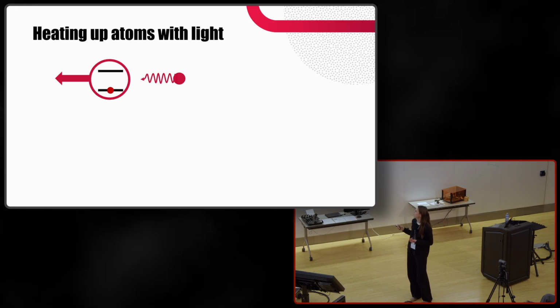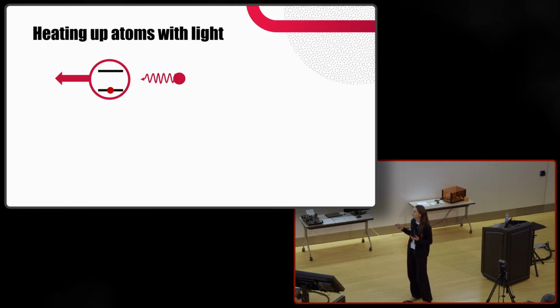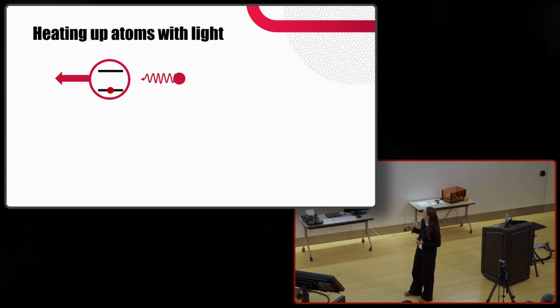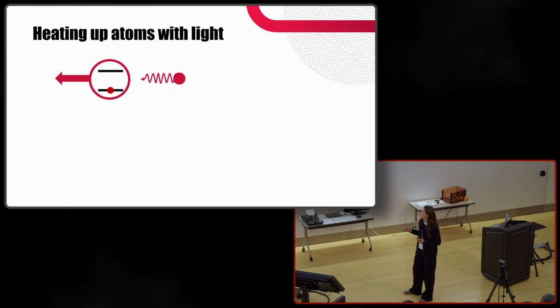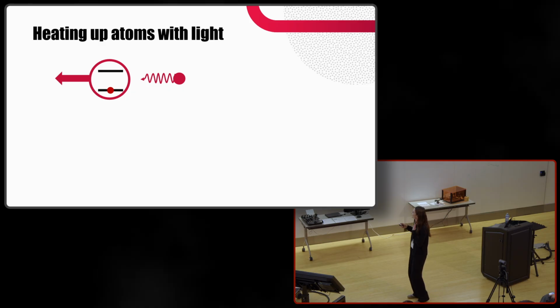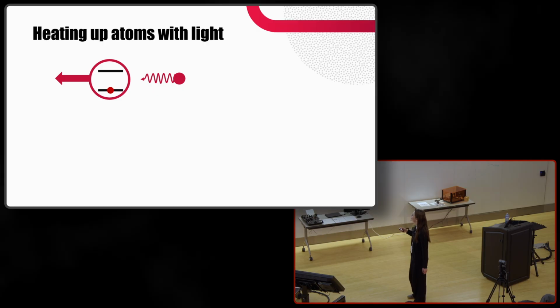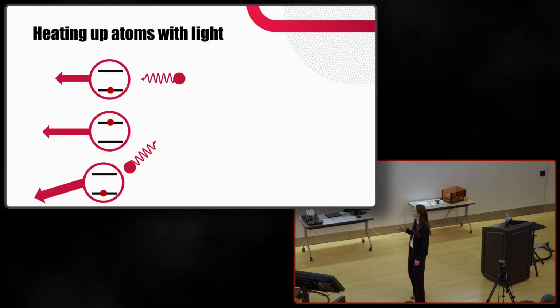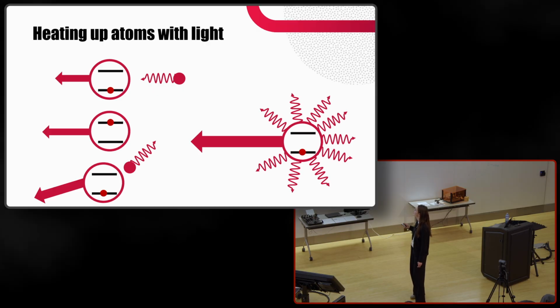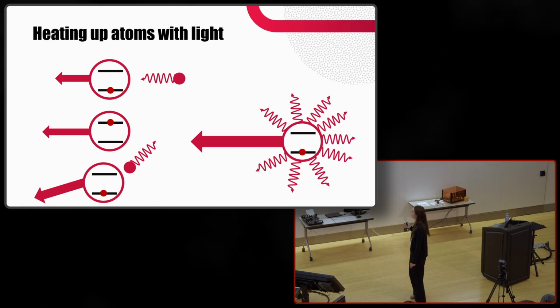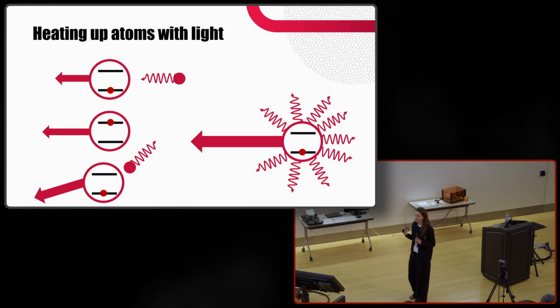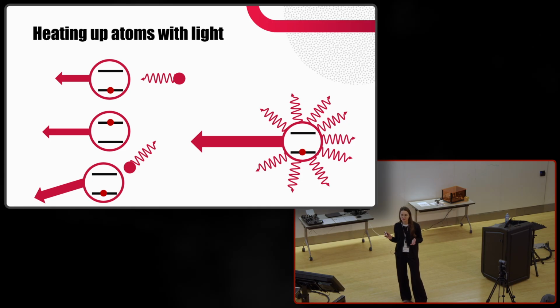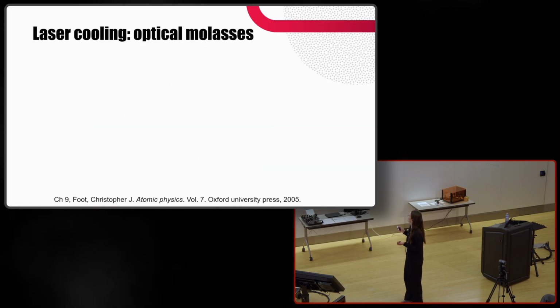The same, but opposite, is true if we consider an atom which is moving to the left and we have an electromagnetic field which co-propagates with the atom. In this case, all of those processes will effectively lead to heating up of the atoms, which shows us that by just using one laser beam, you cannot cool down the atoms.